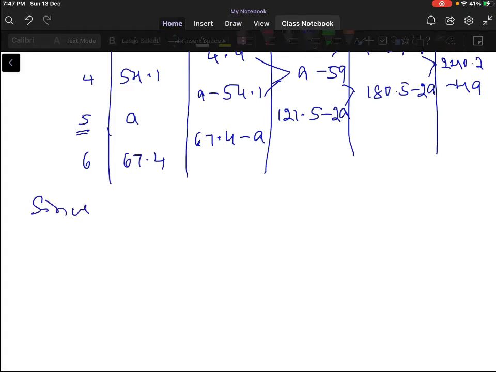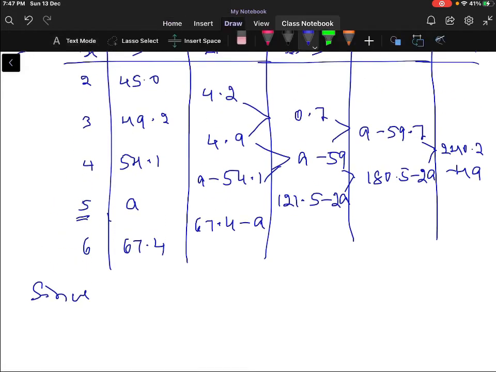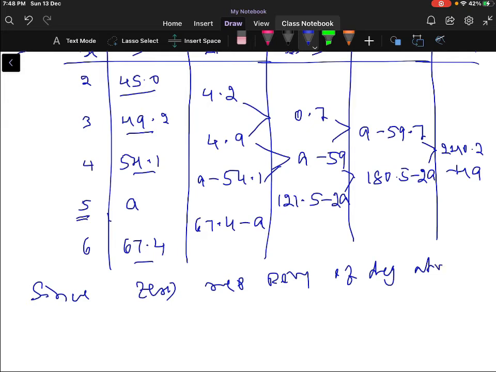Since there are 4 points of y given, 1, 2, 3, 4, therefore f of x represents a polynomial of degree at most 3.